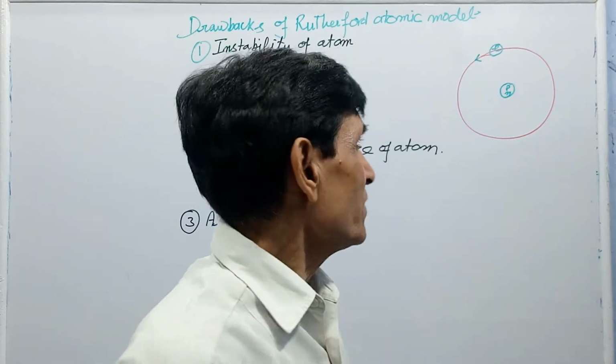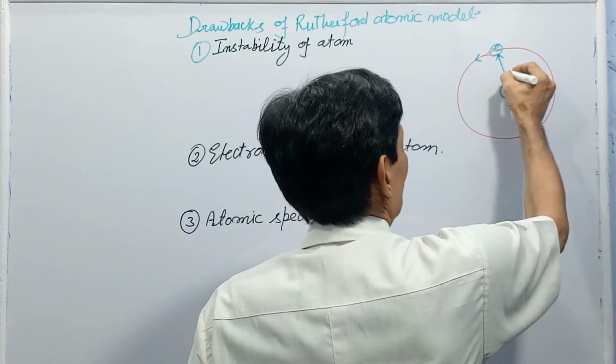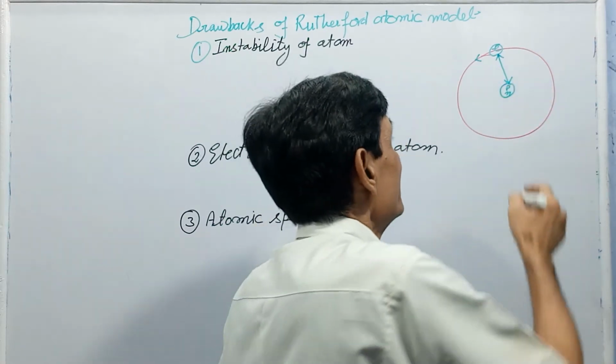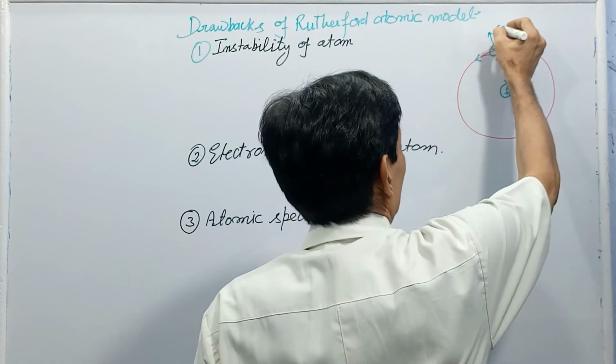The electrostatic force of attraction between electron and nucleus is balanced by a centrifugal force.